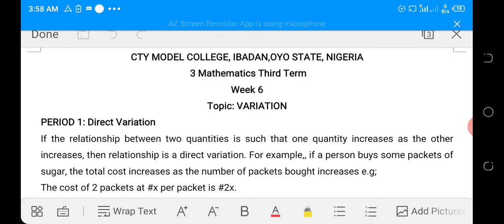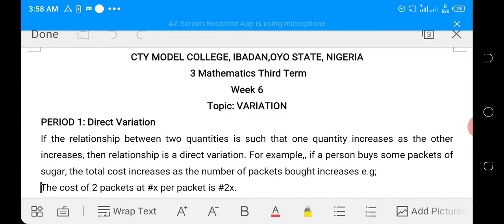If the relationship between two quantities is such that one quantity increases as the other increases, then the relationship is a direct variation. For example, if a person buys some packets of sugar, the total cost increases as the number of packets bought increases.